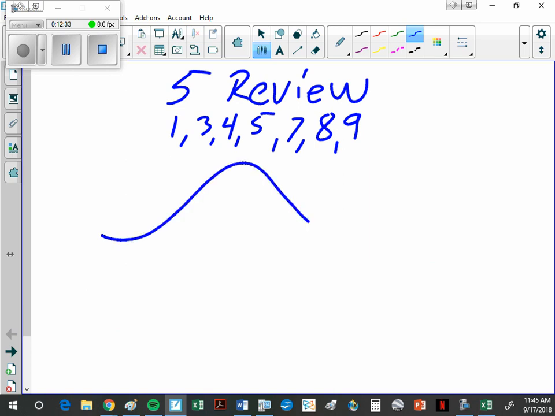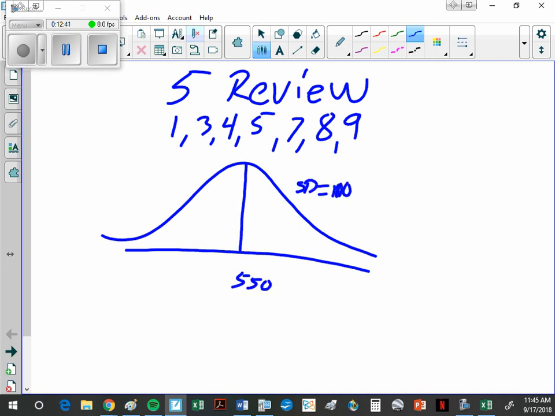So, we draw our normal curve. Our average is 550 and our SD is 100. So we want to mark somebody at 400, and we want to know their percentile. Percentile measures area to the left. So we want this area over here.